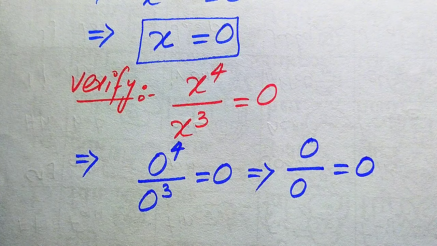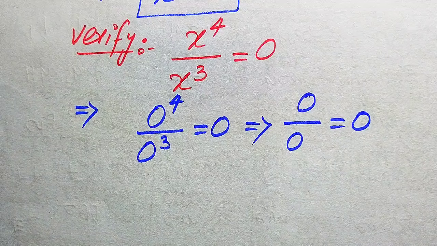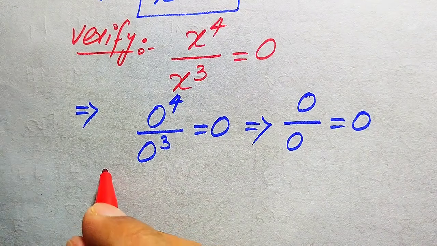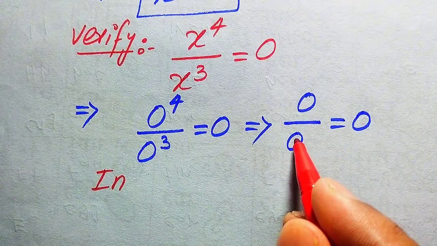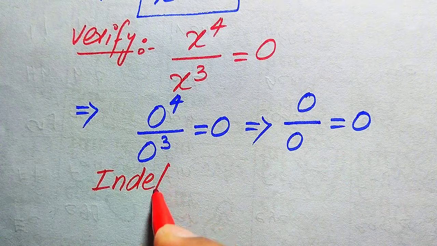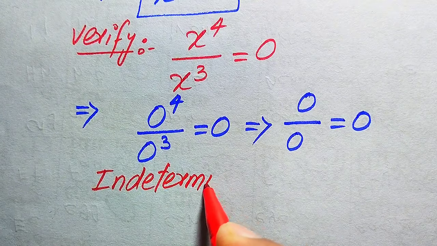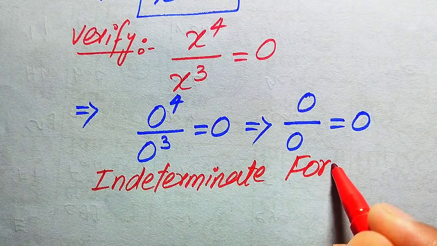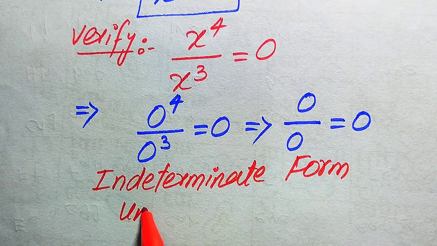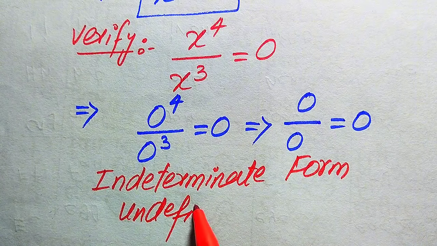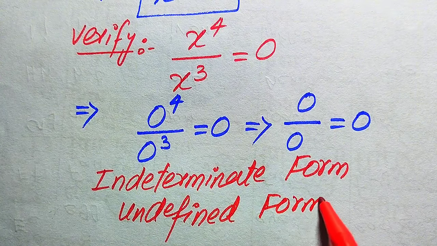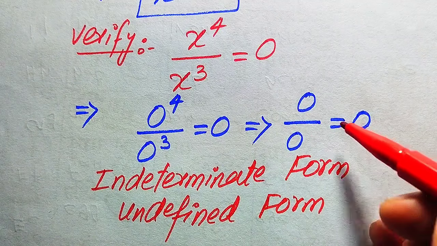Now you see that our left hand side is an indeterminate form. We write 0 by 0 form, which is usually called the indeterminate form, or in other words we say it is undefined. So if our left hand side is undefined, this means that both of the sides are not equal.